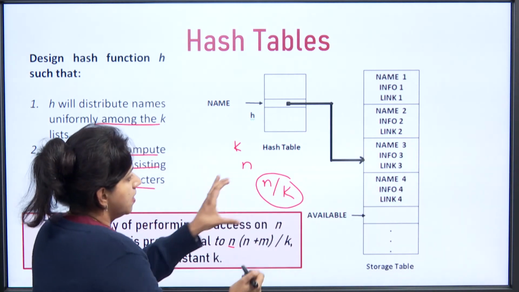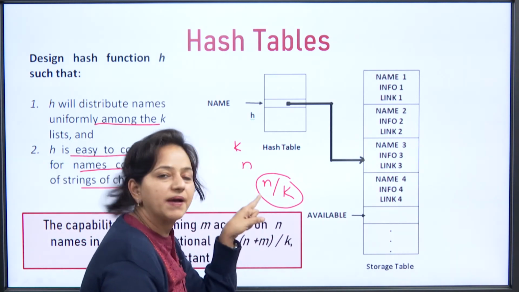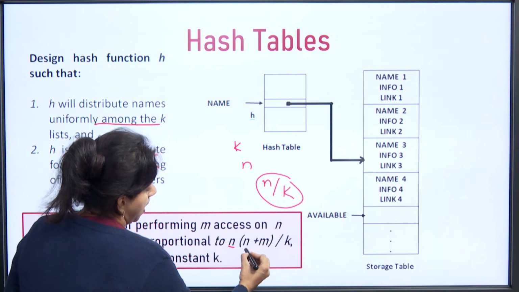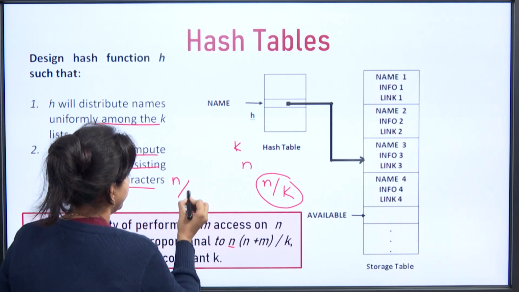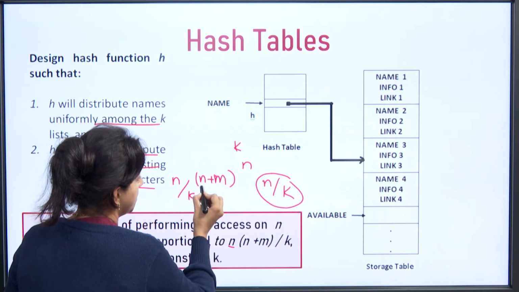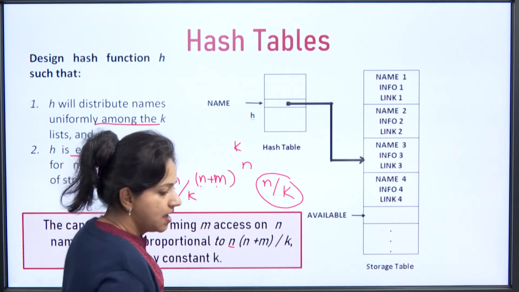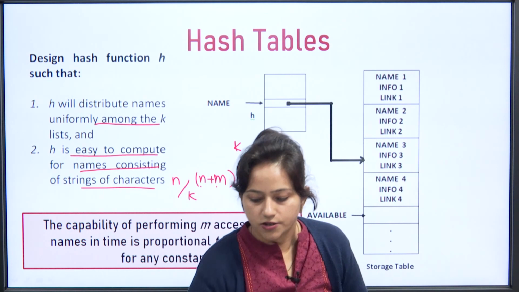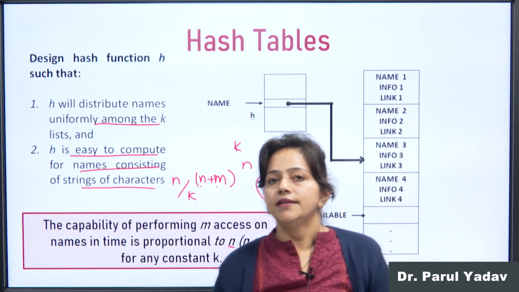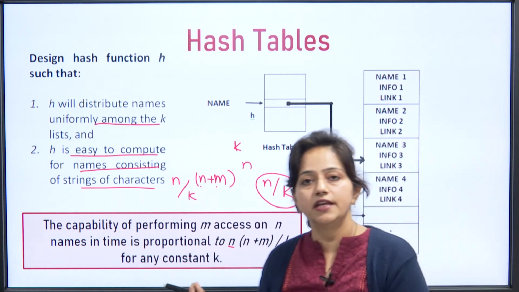So at a time we will be searching only n by k number of records. So it will be n by k into n number of inquiries plus n number of entries plus m number of inquiries. If the value of k is high, then this scheme will give a very good result.